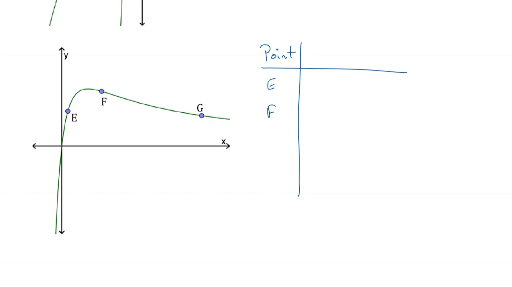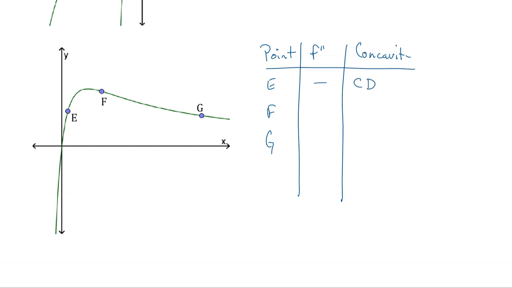E, F, G. So point E would be concave up or concave down? Down. Concave down, very good. So second derivative is negative. F? Up.